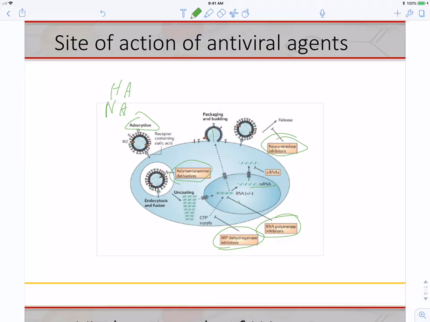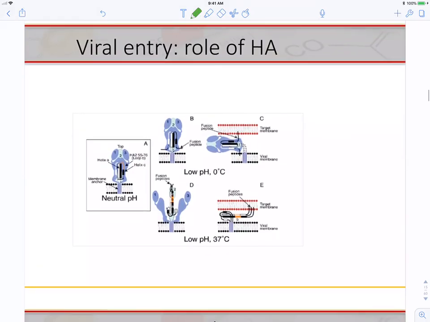That's a problem for the virus, because when the mature virus is ready to be released, neuraminidase needs to cut the bond between the receptor and the virus itself to have release. And that's the target.